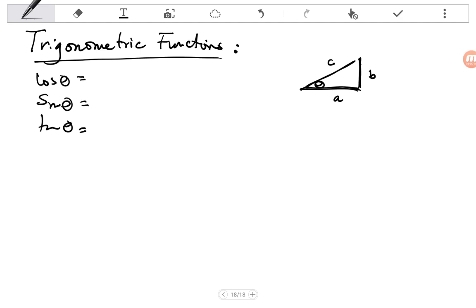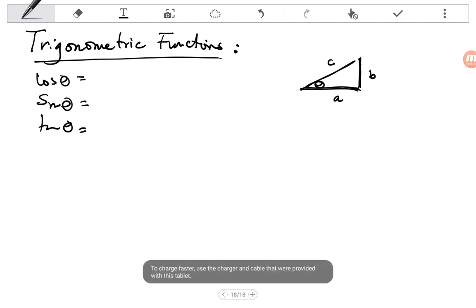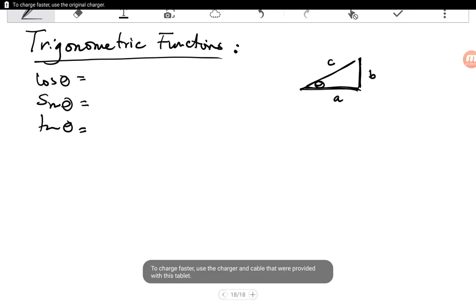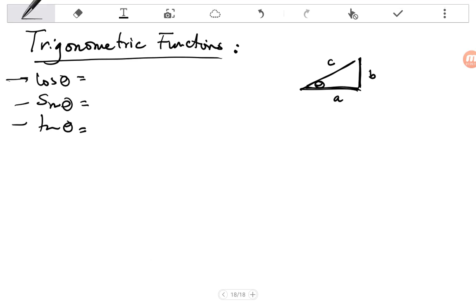Each side of this triangle, if I need the ratios of the sides of this triangle, each ratio defines one function of these.